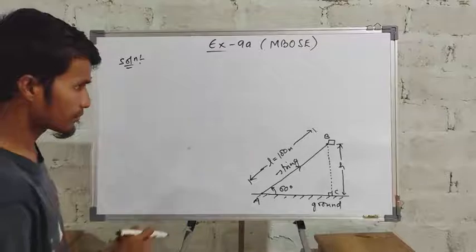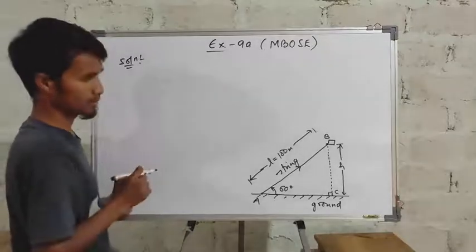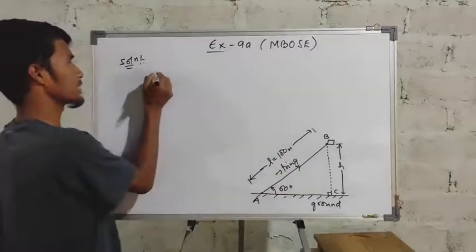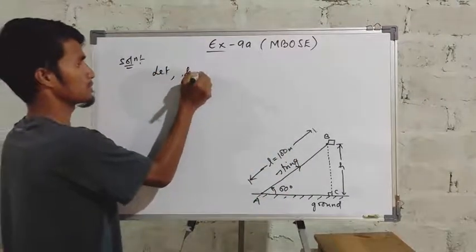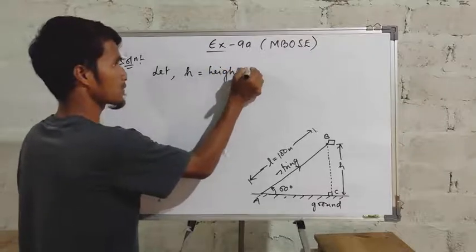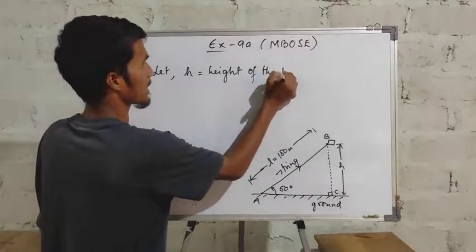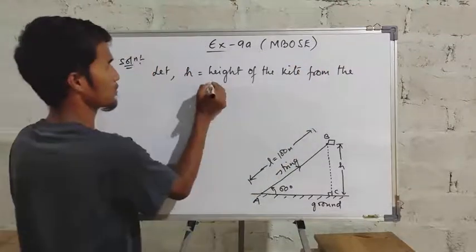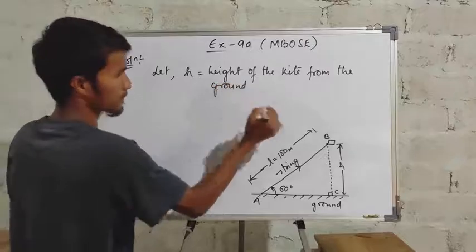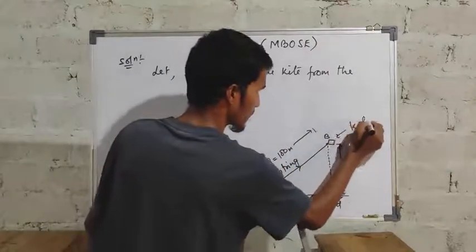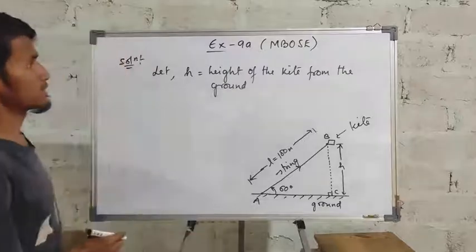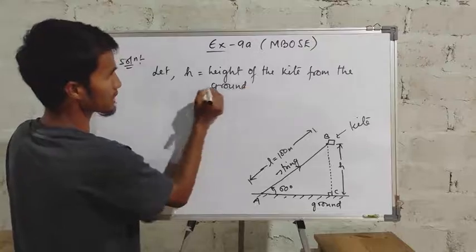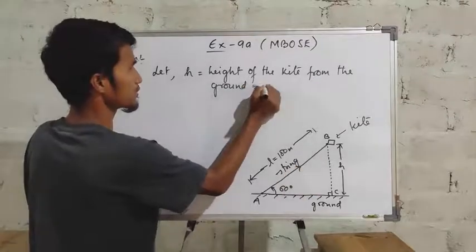What we need to find? We need to find the height. Let h be the height of the kite from the ground. So this is a kite. h is the height of the kite from the ground, which is equal to BC.